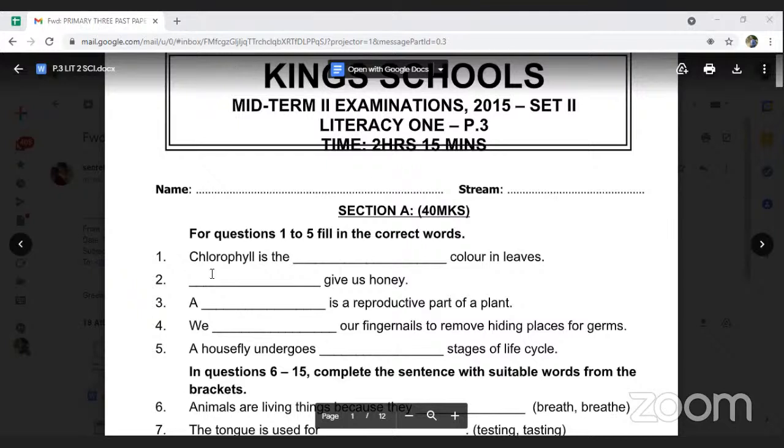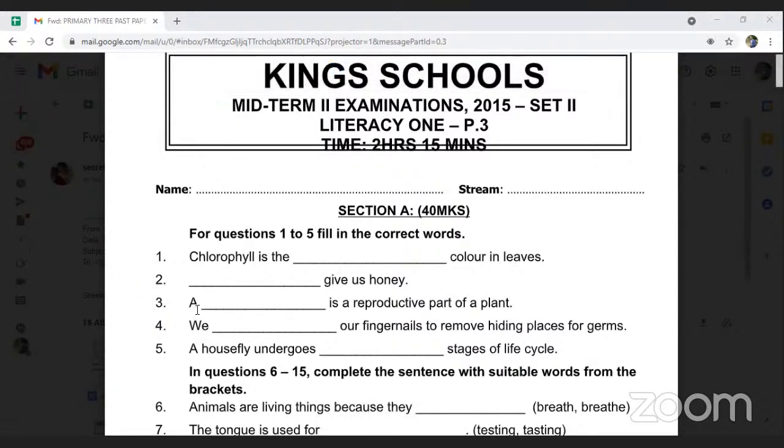Can you read number 3? Raphael, read phrase number 3. A dash is a reproductive part of a plant. We don't read like that. We don't read English like that.